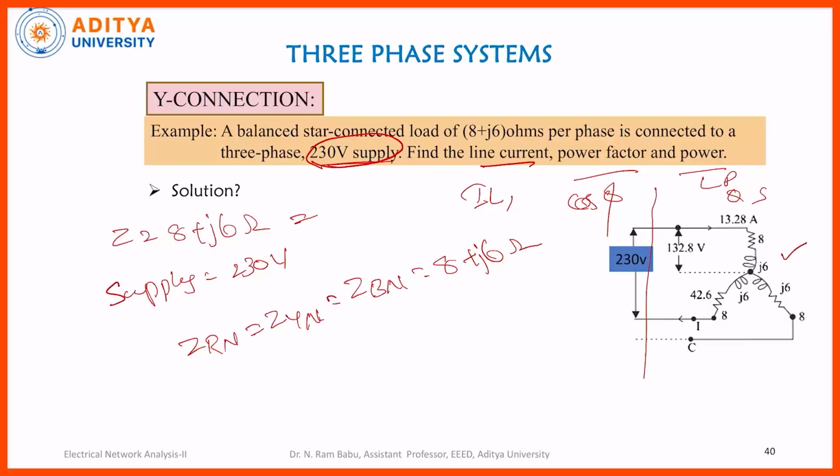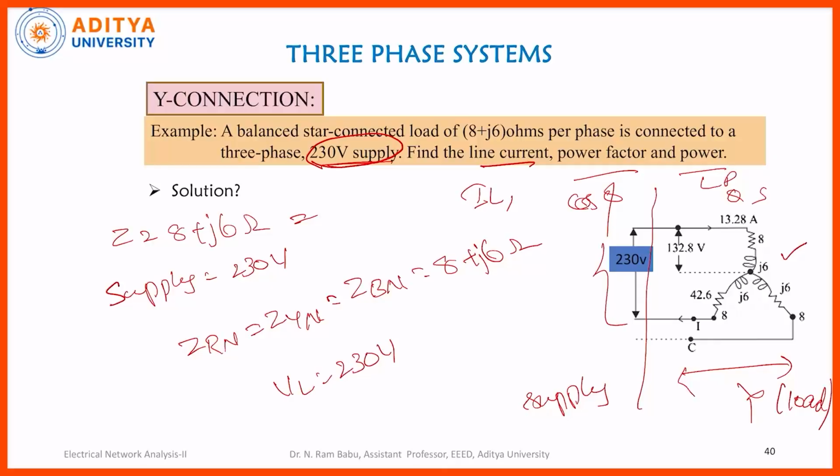This is our balanced star connection, let it be the load, and it is getting supplied from the other side, the supply side. The voltage across the phases is 230 volts, so you can simply call it the line voltage equal to 230 volts.